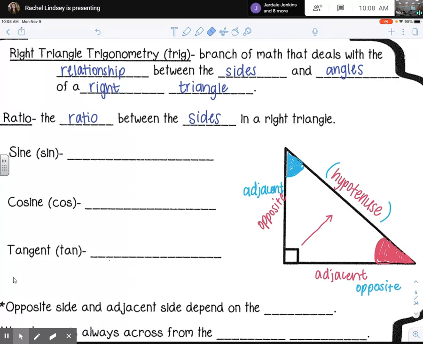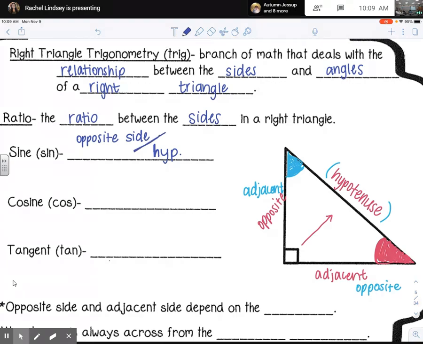So we have our 3 trig ratios that we're going to be looking at. And it's going to be a ratio between 2 of the sides on the triangle. First one we have is sine. We write S-I-N for it. That's not sin, it's sine. So the ratio for sine is always opposite side over hypotenuse.